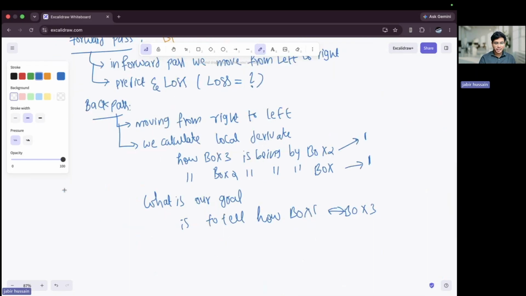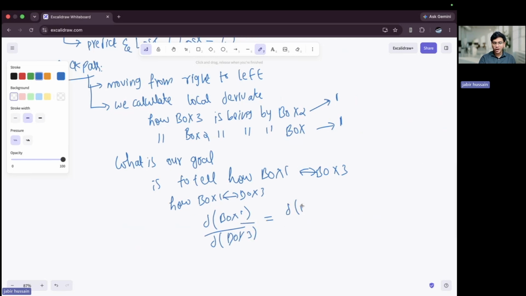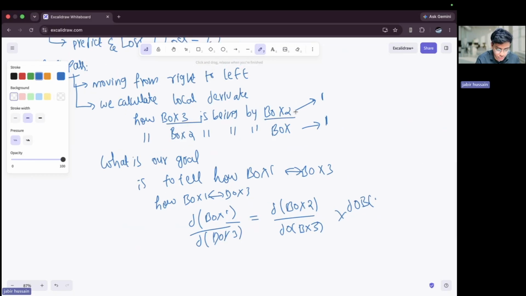So to tell how box 1 is impacting box 3, we calculate the derivative of box 3 with respect to box 2.